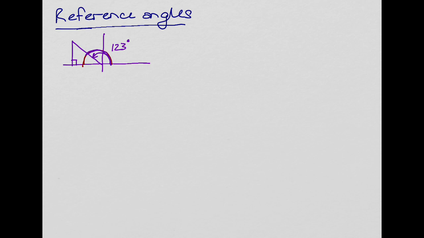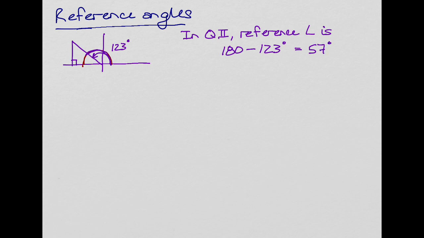So if I have an angle in quadrant 2, I'm going to call this red angle inside here my reference angle. And I can find it by subtracting 180 minus 123 degrees to get 57. My reference angle is 57.